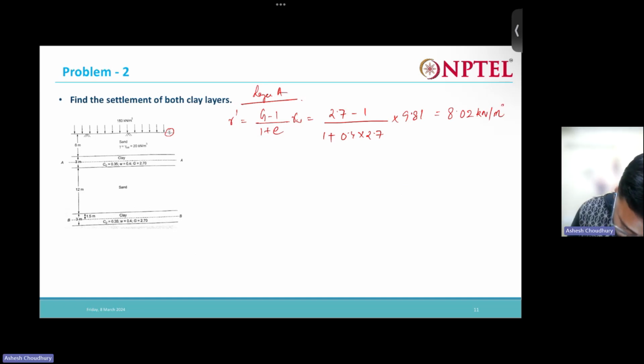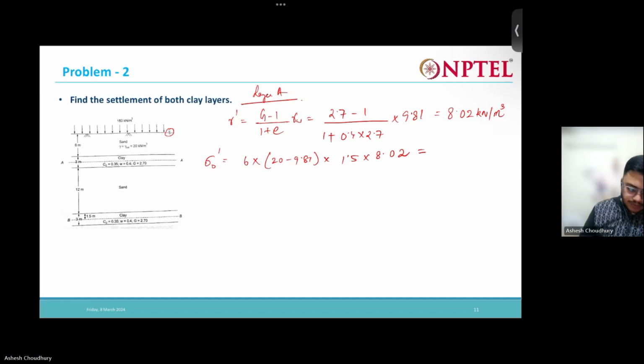Okay, so now let us calculate the effective stress at the clay layer A, at the middle of the clay layer, at the level AA. Let's calculate. So 6 into, calculate this.